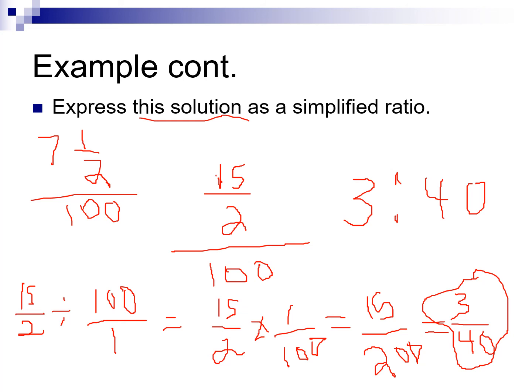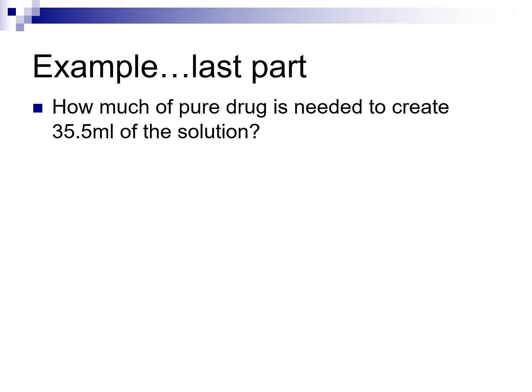Okay, what do we got next here? How much of pure drug then is needed to create 35.5 mils of the solution? So again, we're still working with this problem, and this is going to be the same as what we were doing previously. So now we know our percent. Remember, our percent was the 7.5 over the 100.